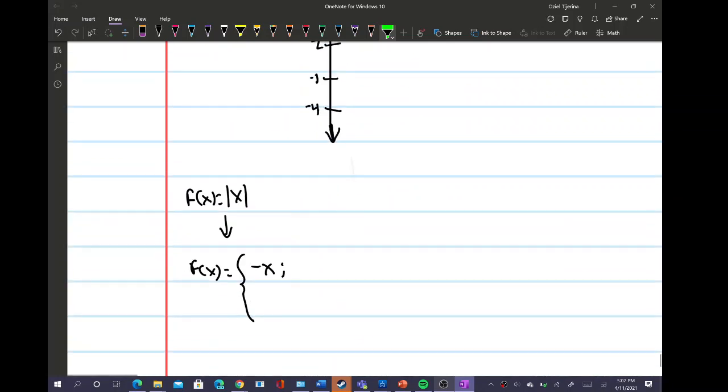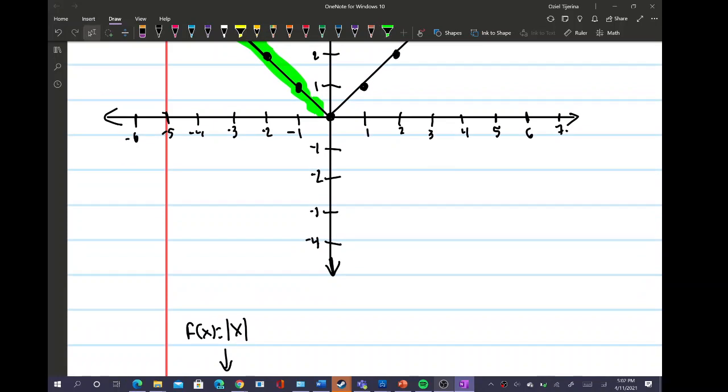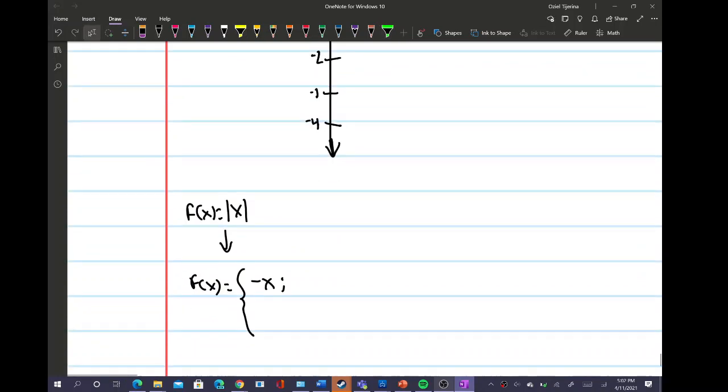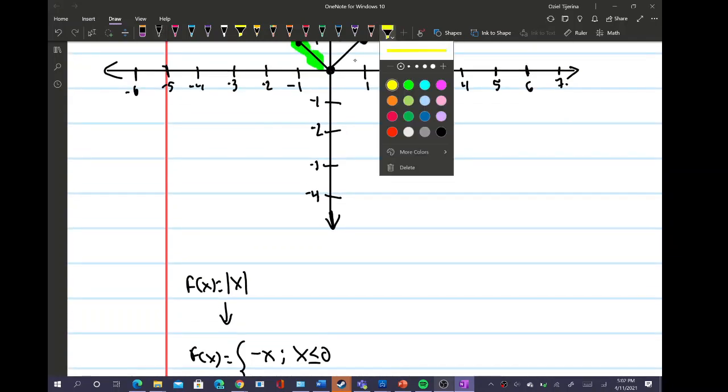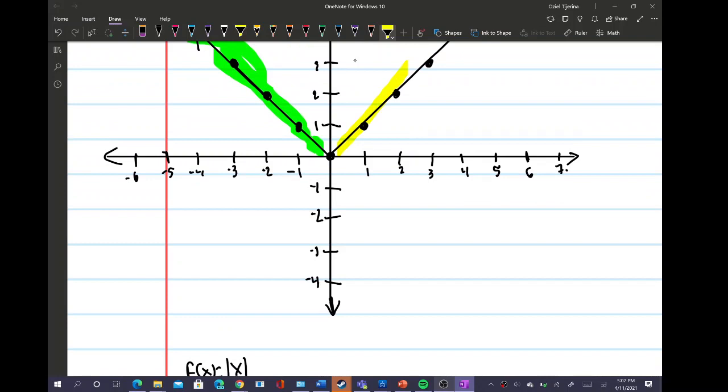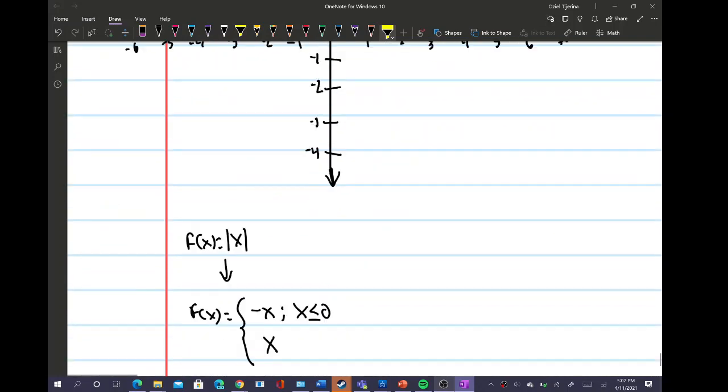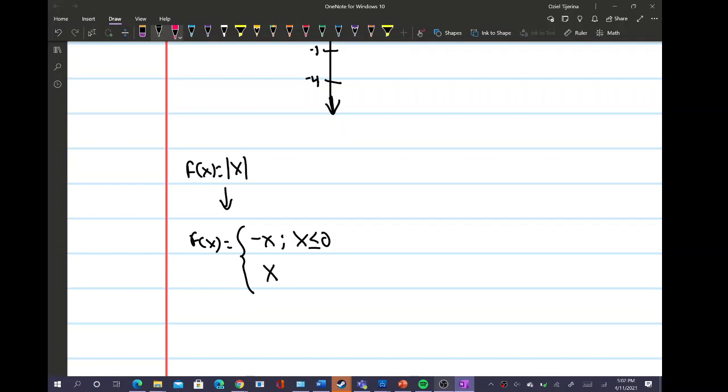It's -x such that x is less than or equal to 0. And it's positive x, and positive x is another one. So positive x is over here, right? Such that x is greater than or equal to 0.